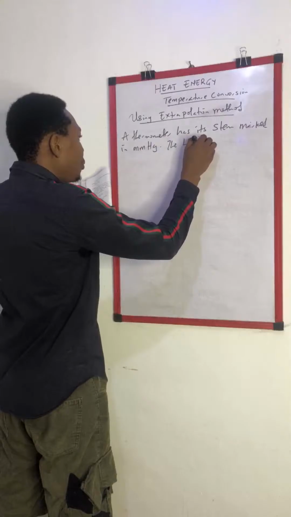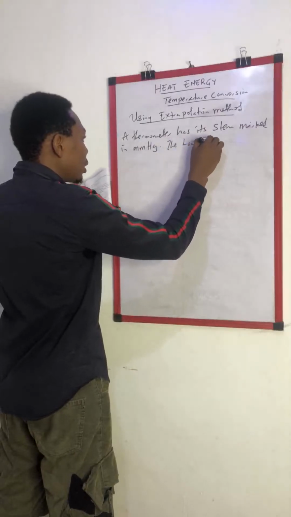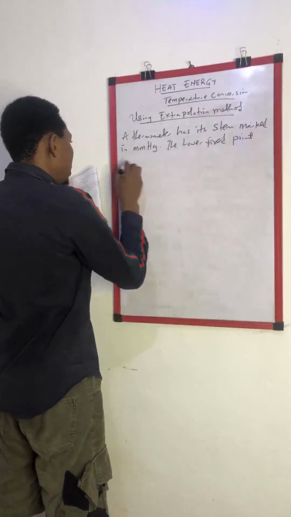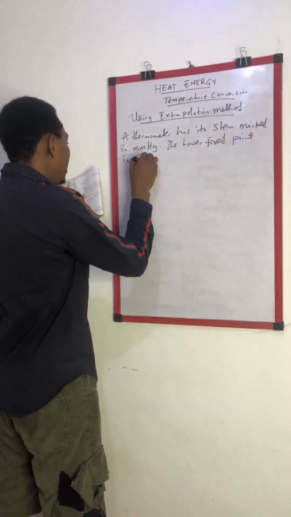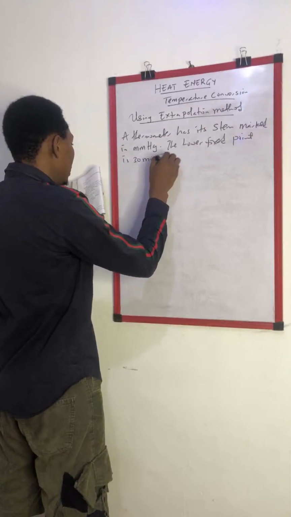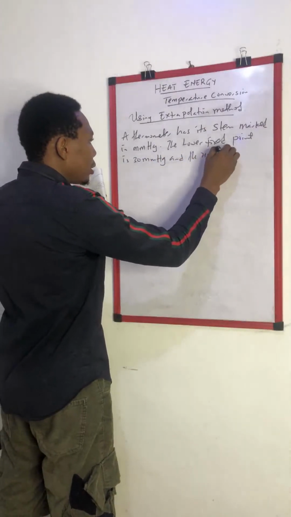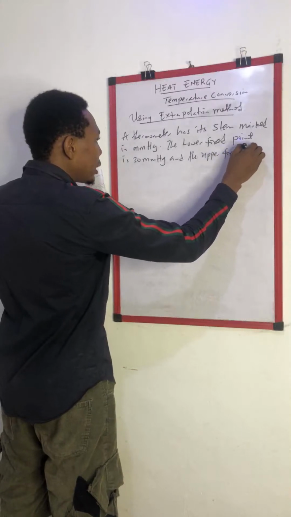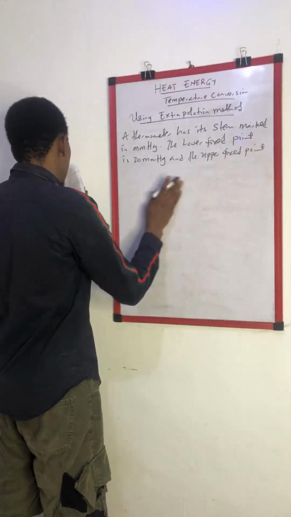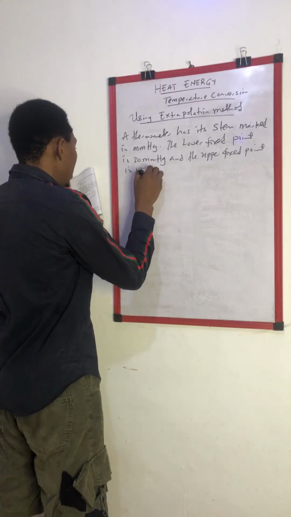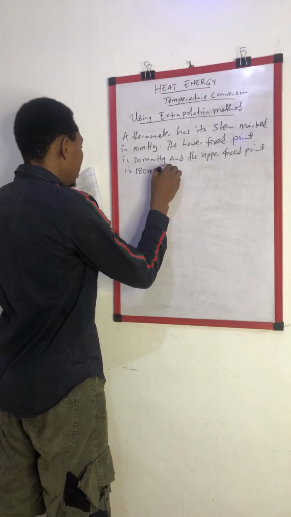The lower fixed point is 30 millimeter mercury, and the upper fixed point is 180 millimeter mercury.